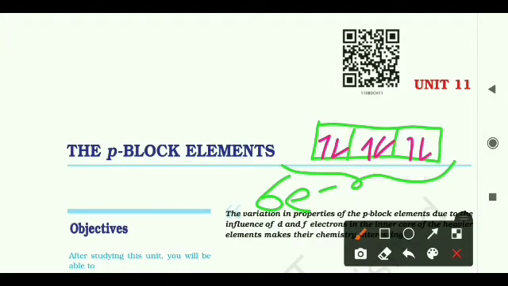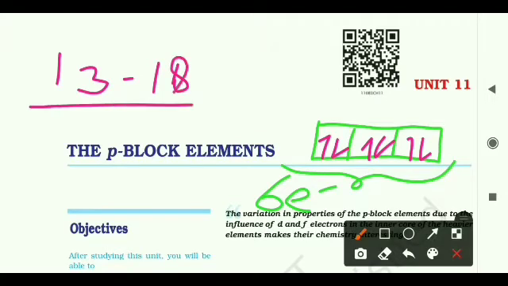So one by one the electrons will enter the p orbital from group 13 to group 18, and that's why from group 13 to group 18 there are 6 groups. For group 13, 1 electron will fill in the p orbital. For 14, 2 electrons will fill in the p orbital. For 15, 3 electrons.